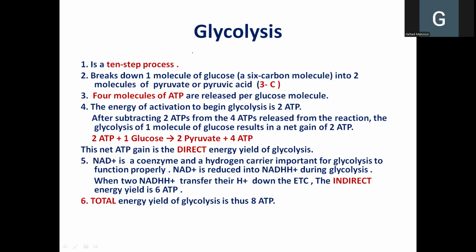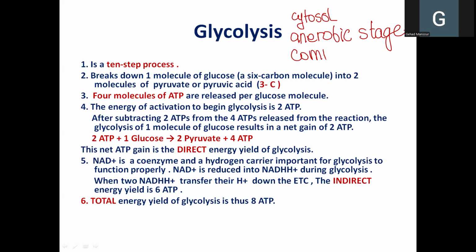So glycolysis is a process that occurs in the cytosol of the cell, as we have said before. So the site of glycolysis is the cytosol of the cell, and glycolysis is an anaerobic stage of both aerobic and anaerobic cellular respiration.